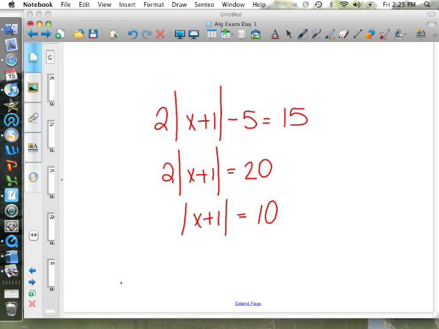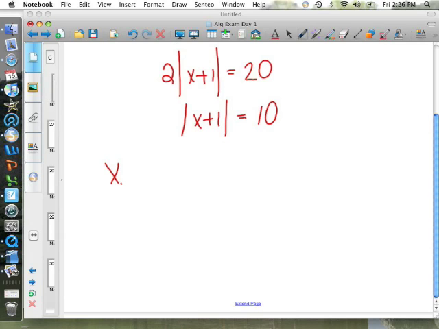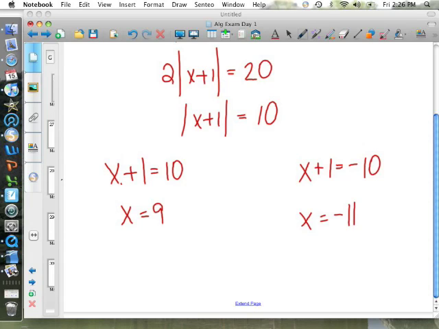And now we're at the point where we set x plus 1 equal to positive 10 and negative 10 and find your 2 possible solutions. So x is equal to 9 or negative 11.